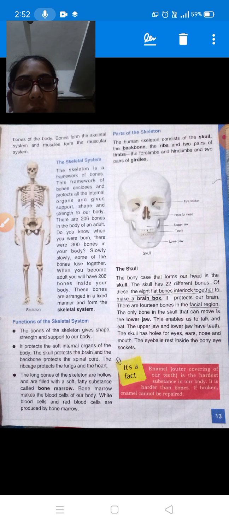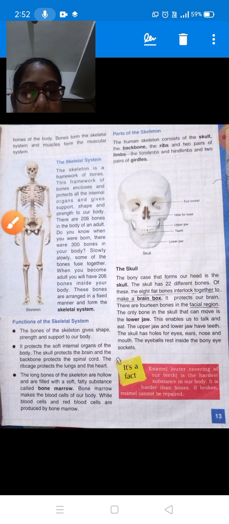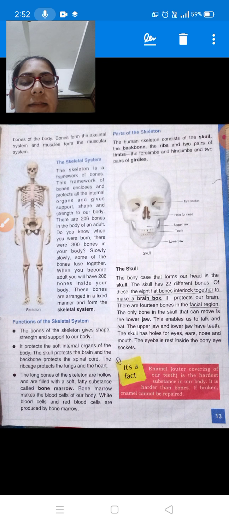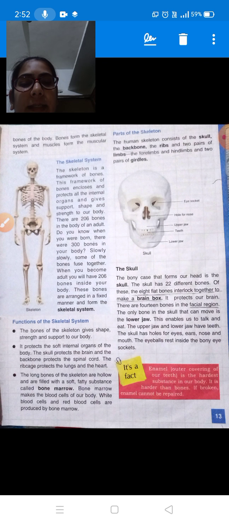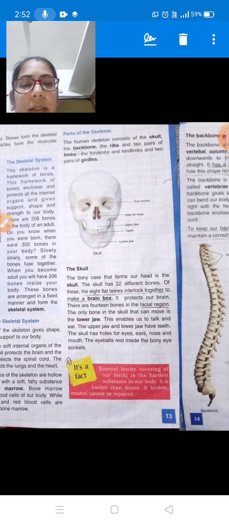You can see these are the holes for eye, nose, and mouth. And inside the bony eye sockets our eyeballs are situated. Okay, so this was all about the skull.